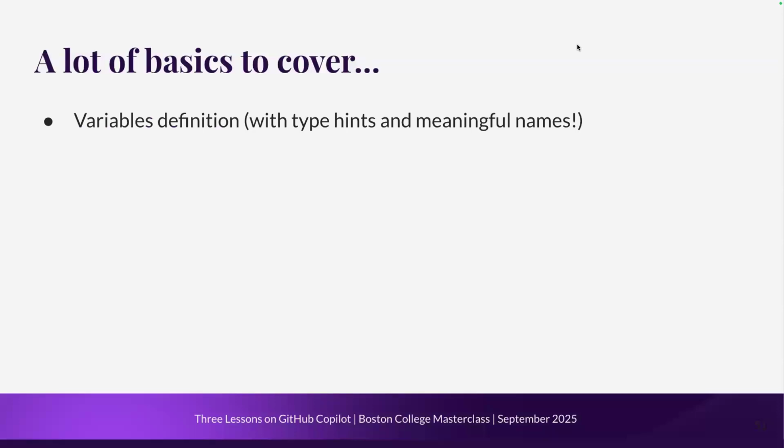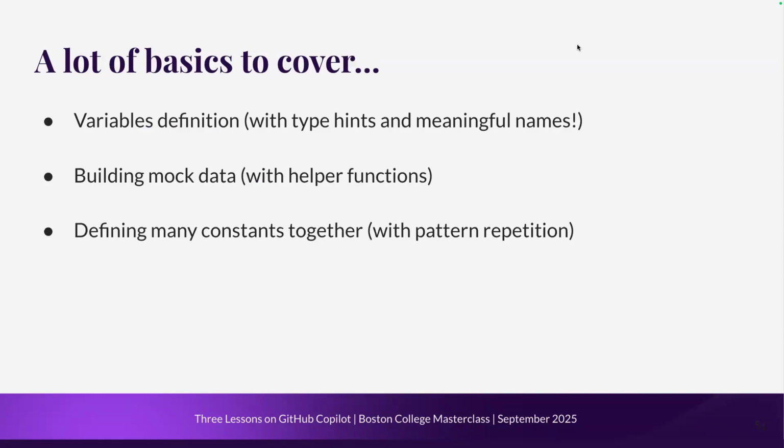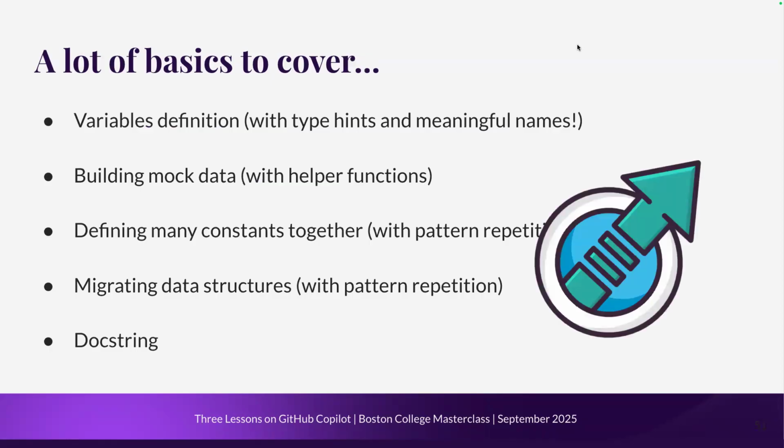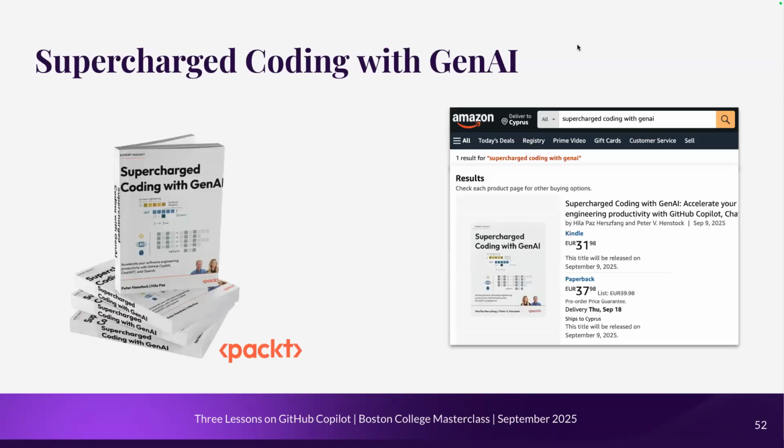We haven't talked about variable definitions, building mock data for tests, defining many constants together, migrating data structures, docstrings, tests, or a lot of other things. For that, we have the book Supercharged Coding with GenAI, which is also available to you through the O'Reilly platform. I really hope you get a chance to look it up and see if there is any value in it for you.